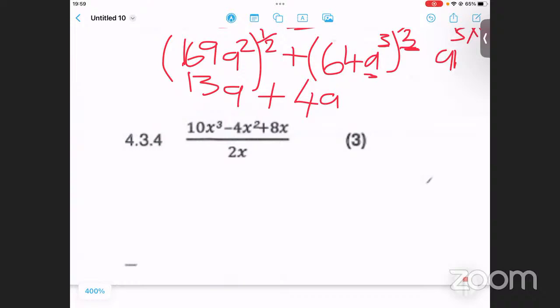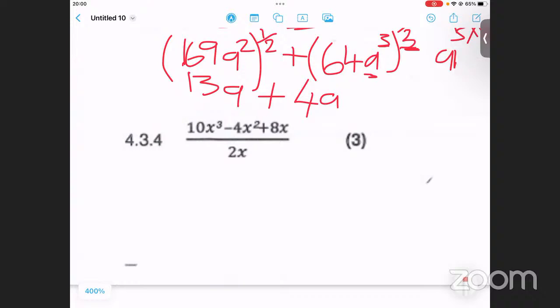We're going to minus 1 from the 3, which is our power. So that gives us 10x to the power of 2, and then minus 2x plus 4. I'm not quite sure if I'm correct, ma'am, but I think that's our answer.